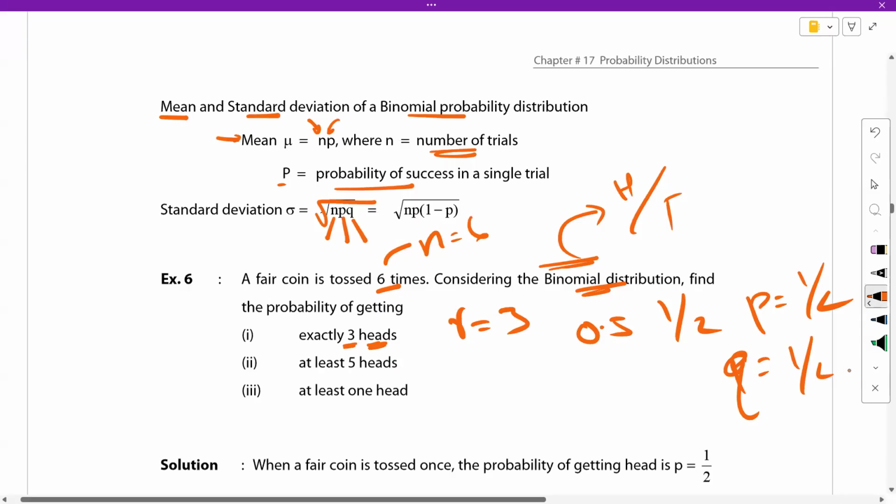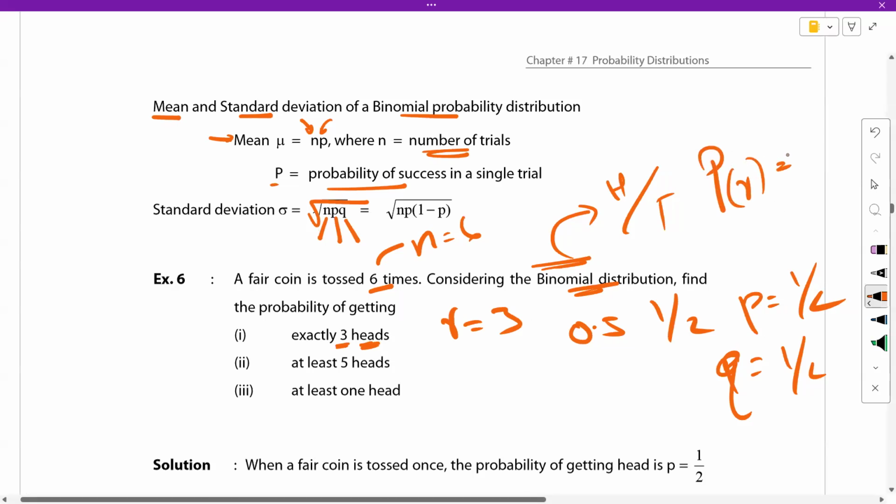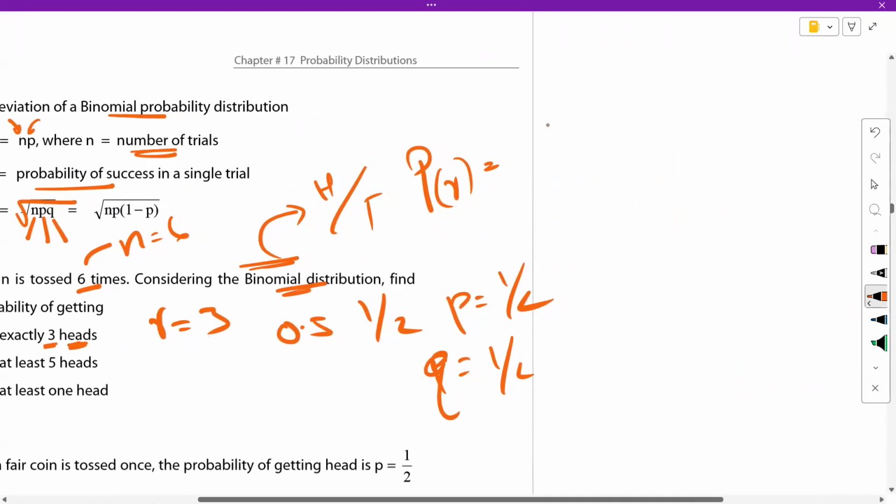Let's see the formula. The probability of R successes equals nCr P^R Q^(n minus R).